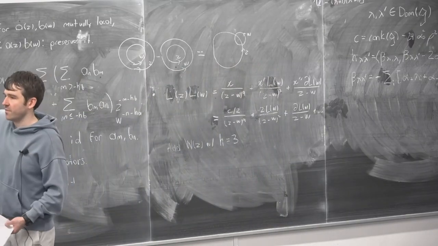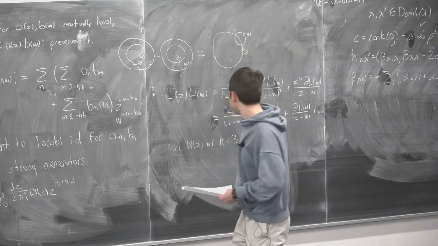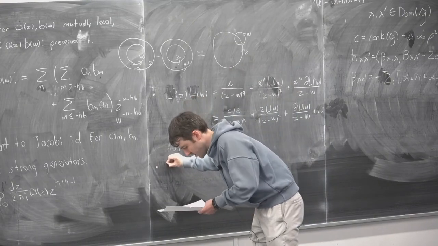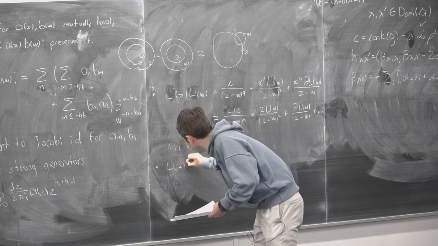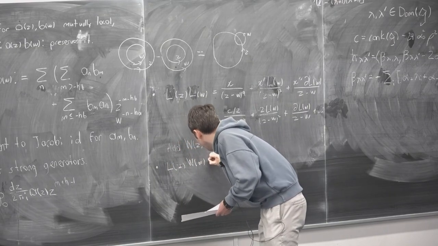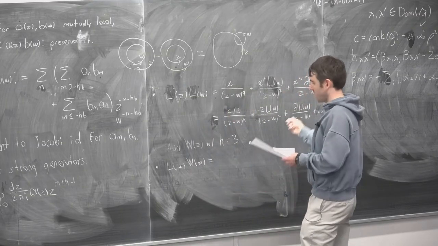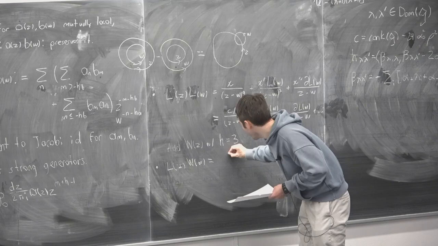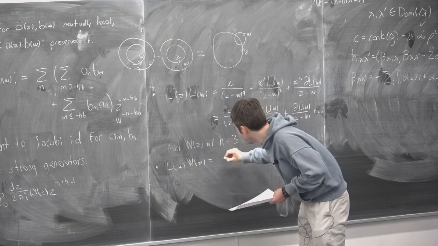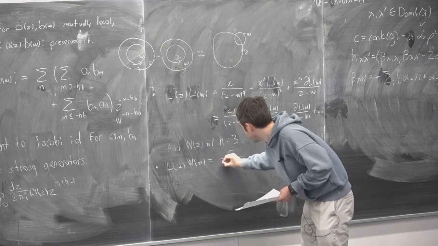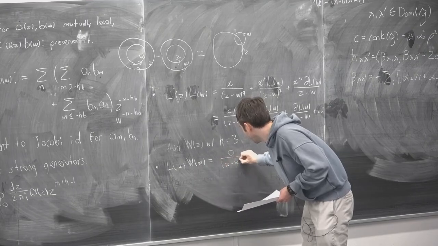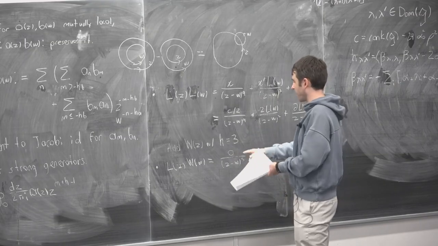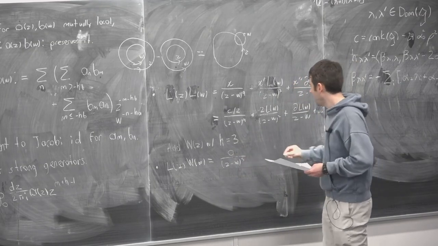We want it to still have Virasoro always. But we'll need to consider L of Z times W of W. So what's a good ansatz for that? Well, weight 2 plus weight 3 will give us some Z minus W to the 5. But you can work out pretty quickly that the coefficient of this has to be 0.